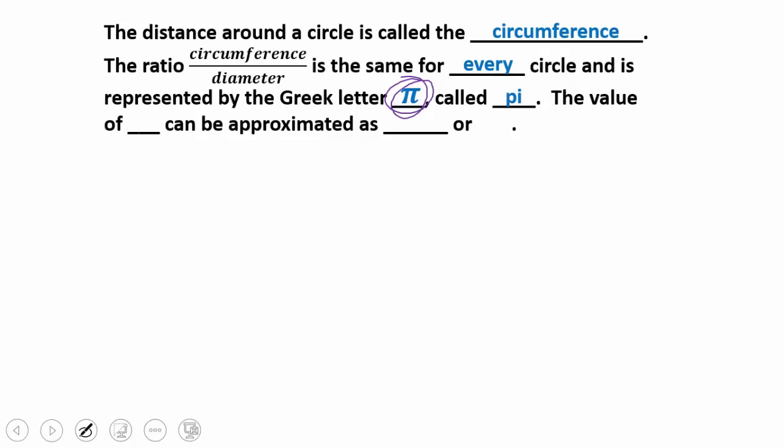The value of pi is approximated as 3.14. Some of you might know more digits. It is an irrational number that never repeats and never terminates. I don't know that many. All I know is 3.141592654.